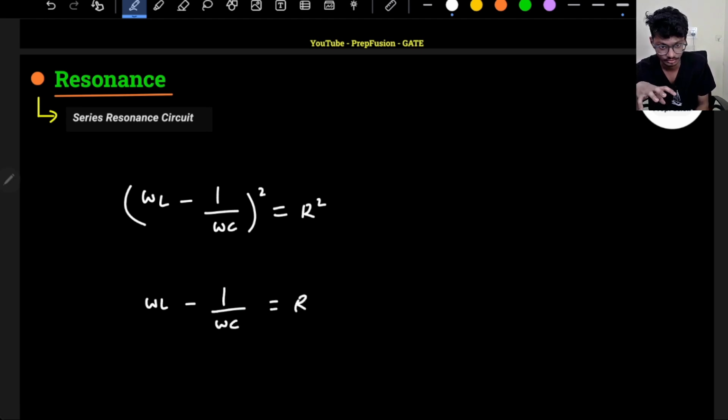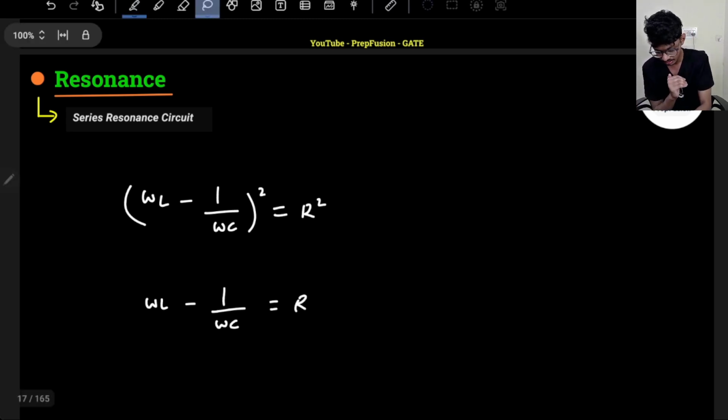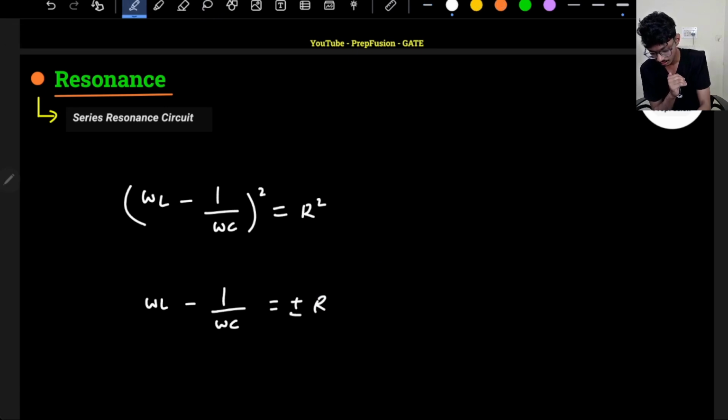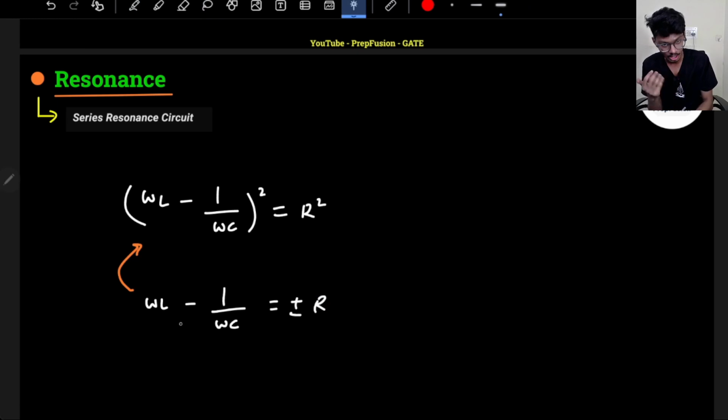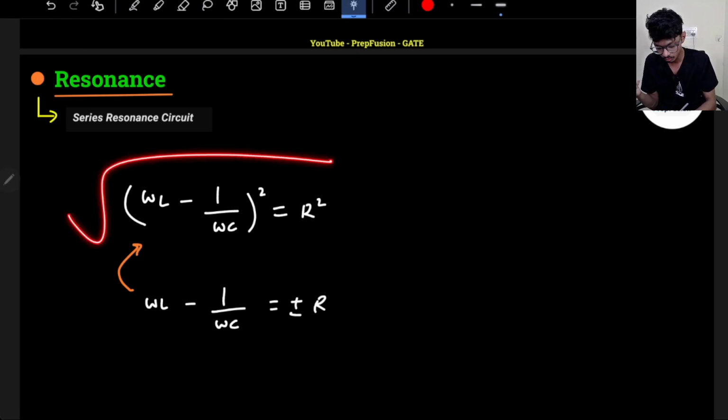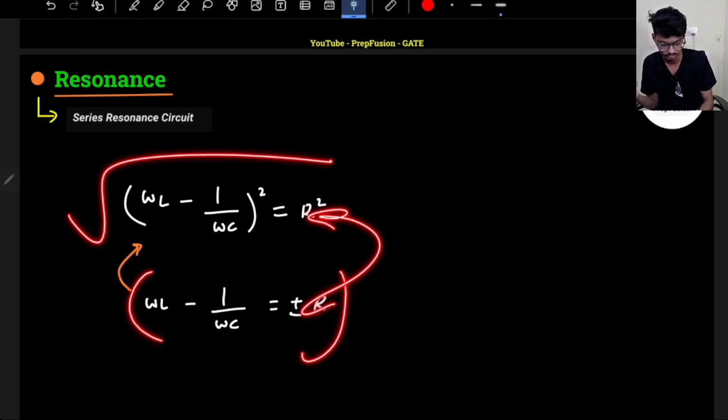If you are writing this equation, that means you have not studied 11th and 12th properly. Okay, you have not studied the chapter quadratic equation, because if I take the under root, there are two solutions here. This can be plus minus R. Why? Let's say from this equation I want to go back to the earlier equation. How do I go back? I have taken the under root, so I have to square this, then I will go back to the earlier equation, right?